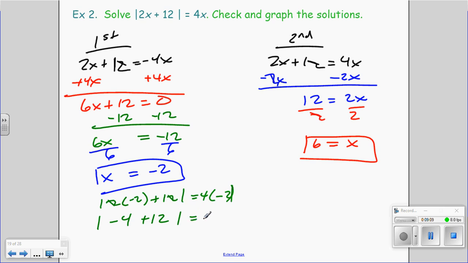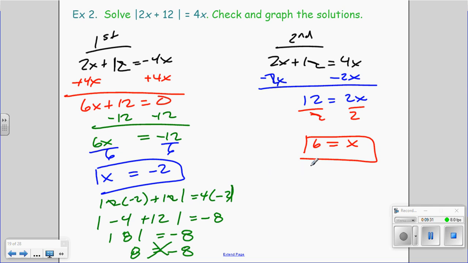And that's supposed to equal negative 8. So the absolute value of negative 4 plus 12 is going to be the absolute value of 8. And again, the absolute value of 8 is positive 8. So positive 8 does not equal negative 8. So negative 2 doesn't check out.